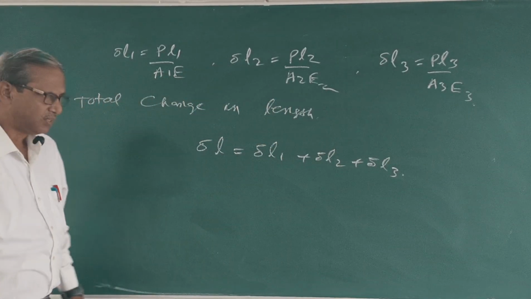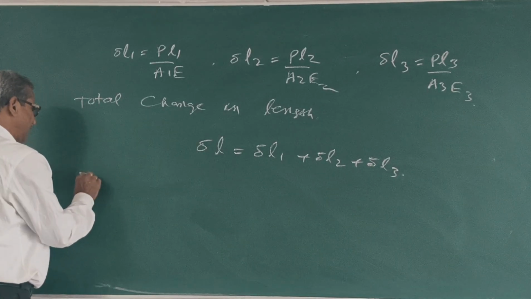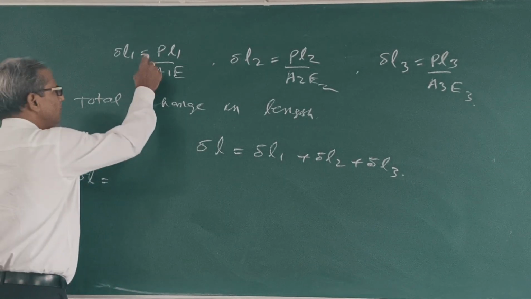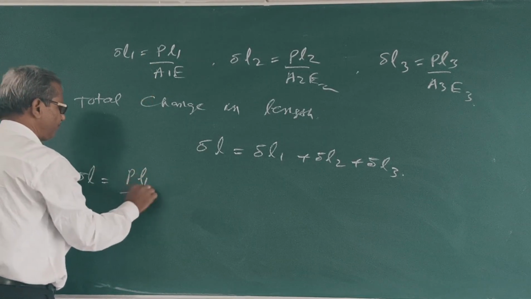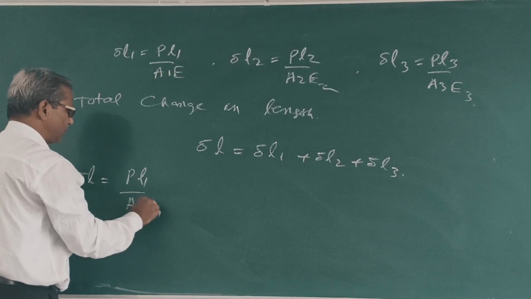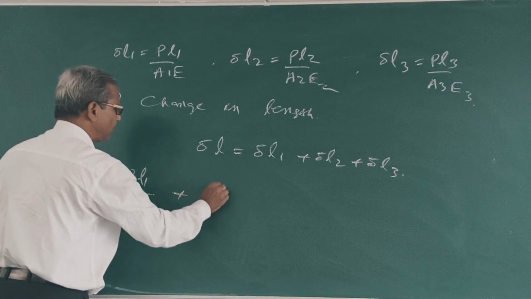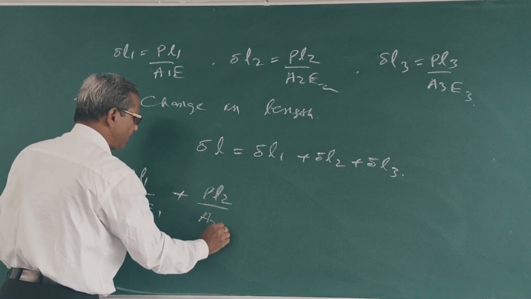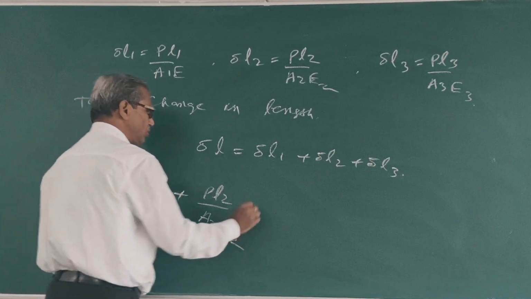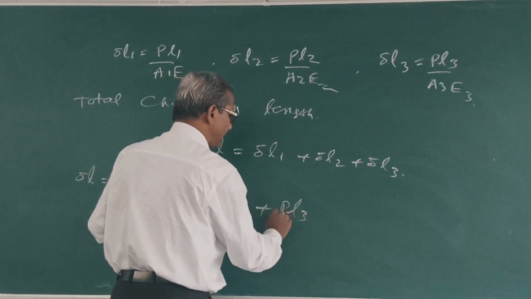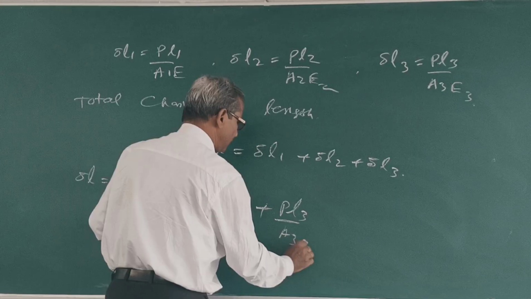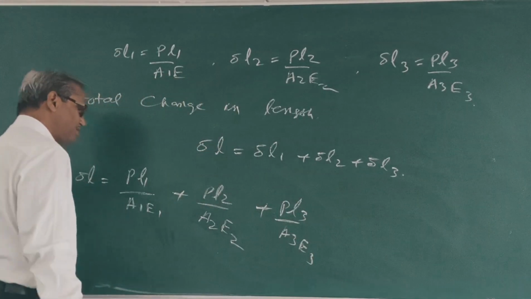This implies delta L is equal to PL1 by A1E1 plus PL2 by A2E2 plus PL3 by A3E3. Clear?